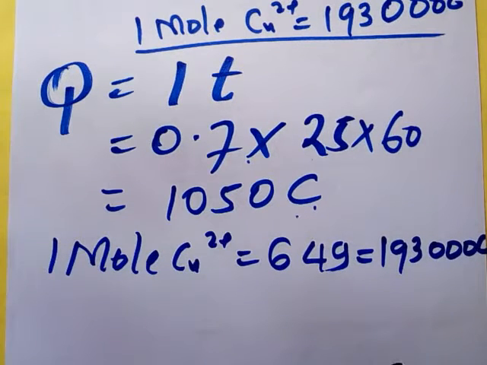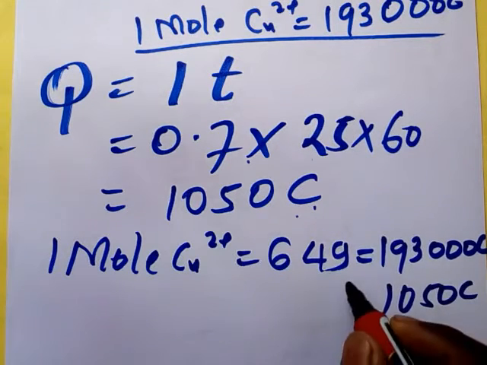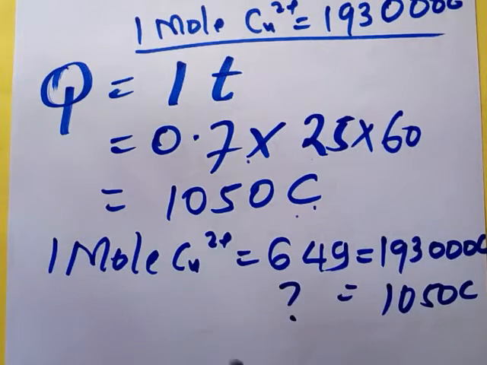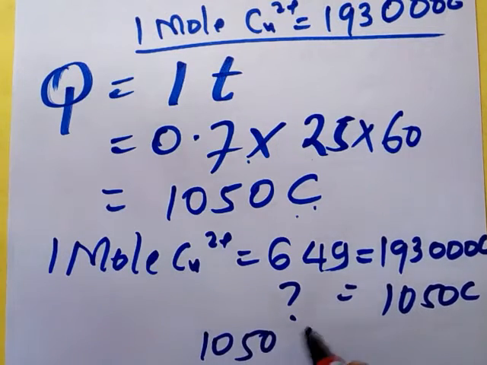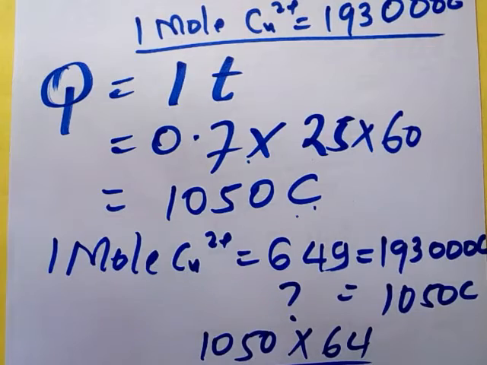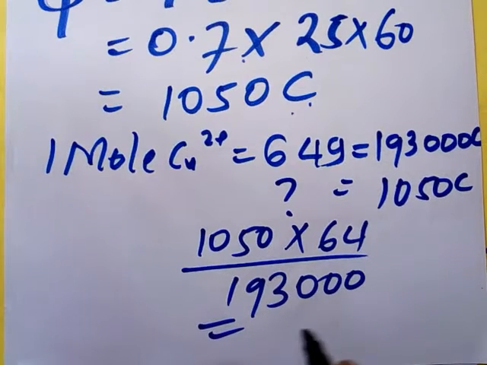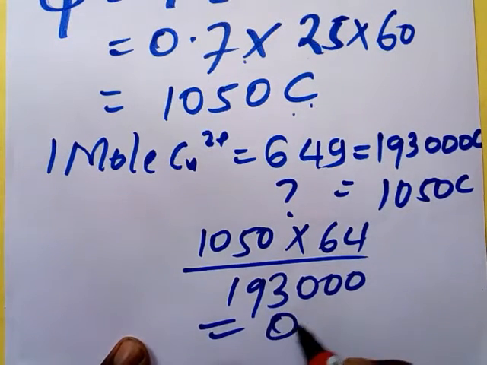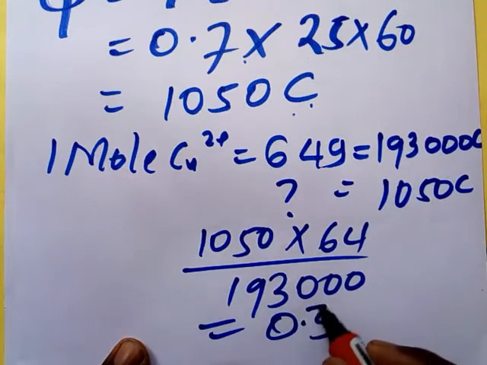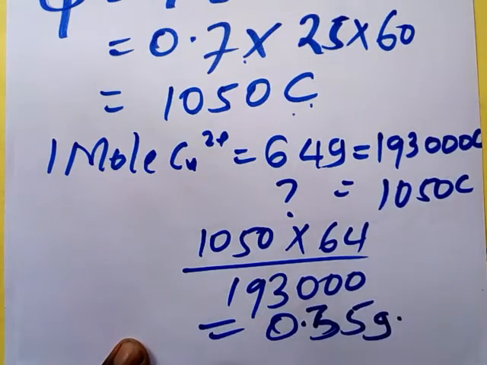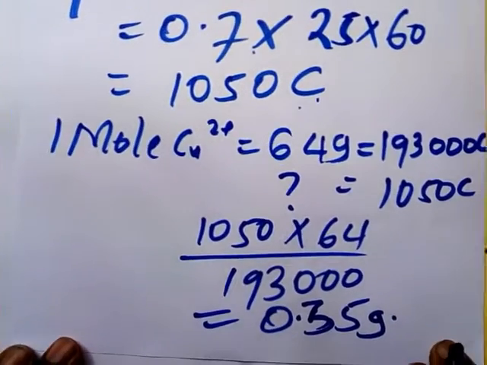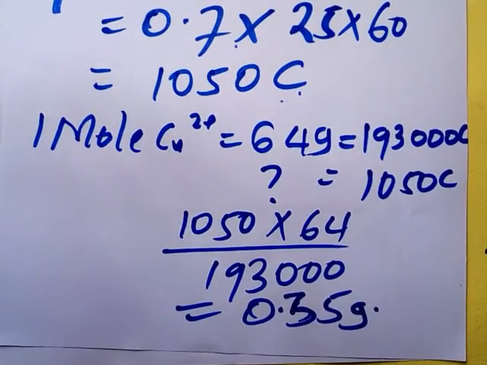Now we will ask, 1050 coulombs will give us what mass? So it is 1050 times 64 divided by 193,000, and this is going to give us 0.35 grams. I hope you are enjoying the lesson.